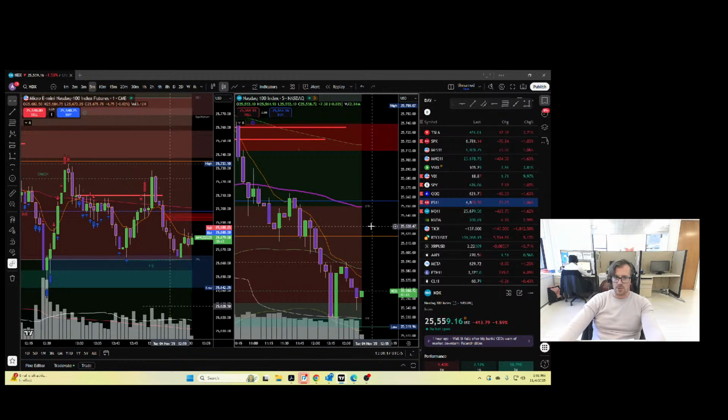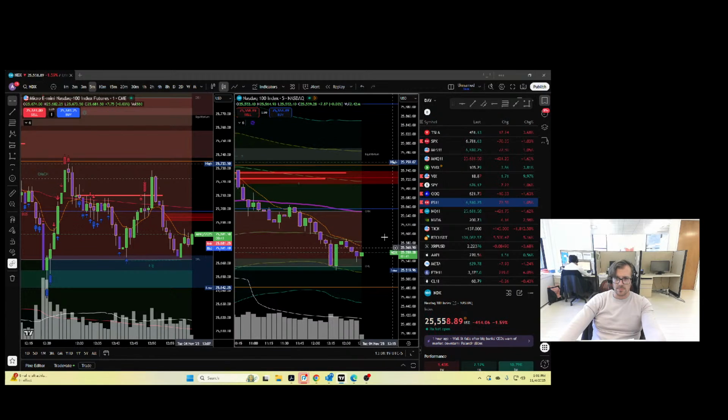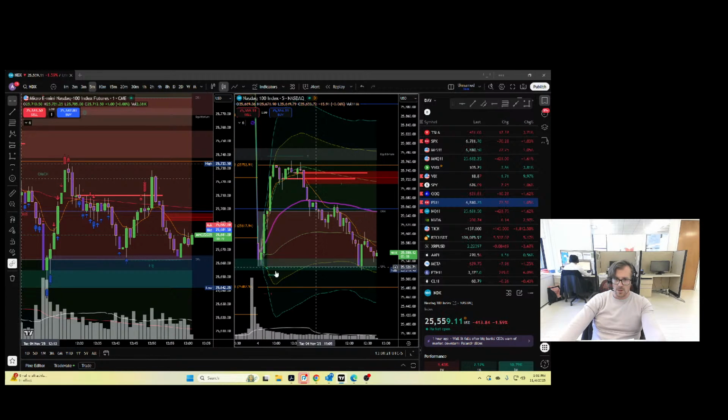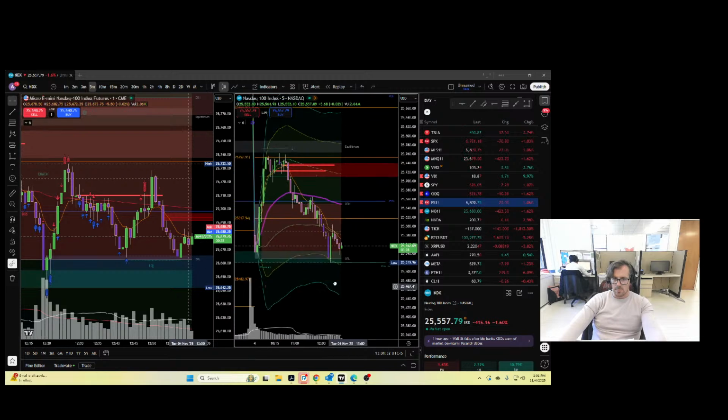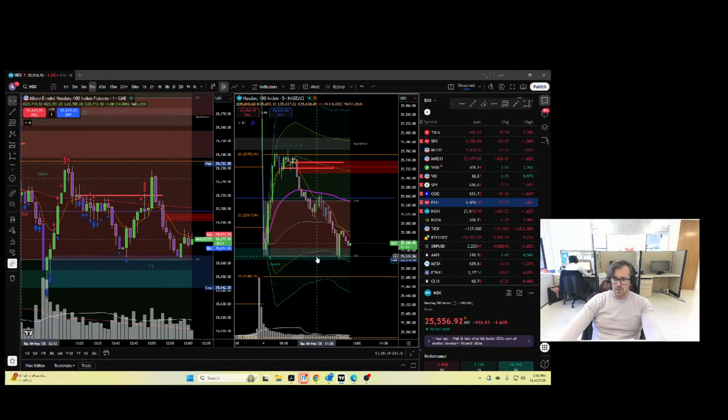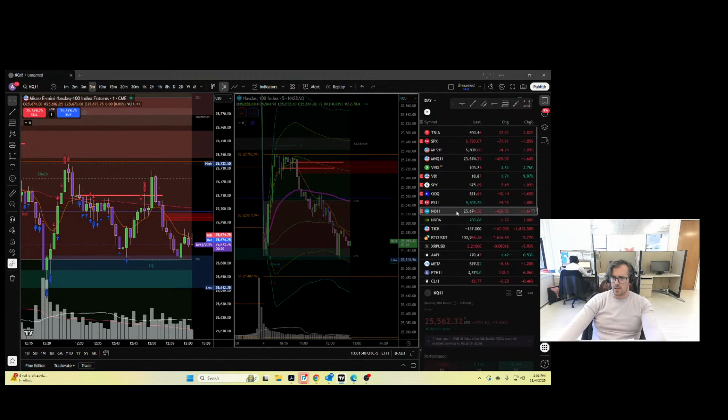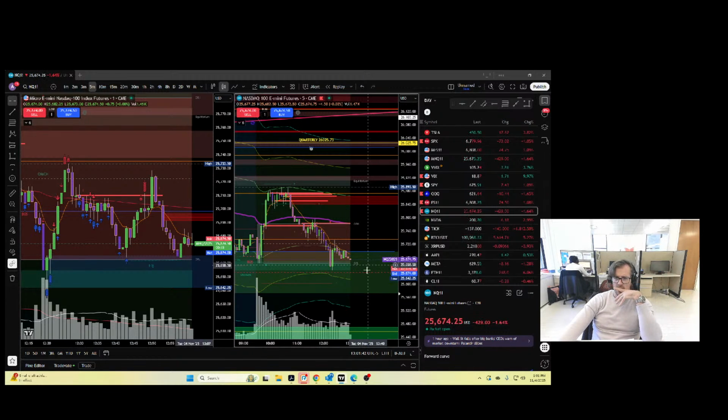This is the same chart. I mean, it looks bearish, but to me, it looks like it's building a base. It'll probably retest this 20. There's a gap, isn't there? NQ is the same.